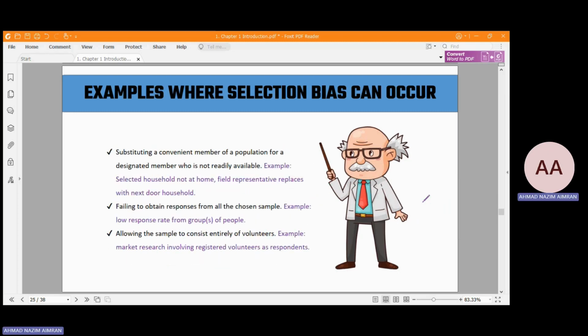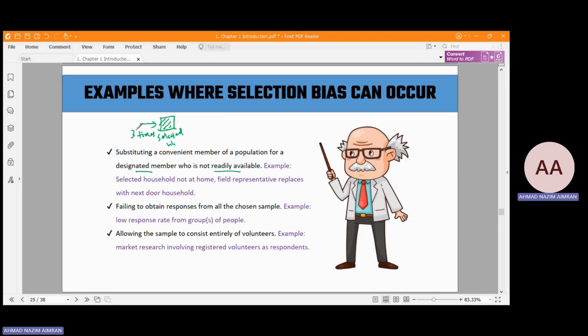Okay, and the next one is substituting a convenient member of a population for a designated member who is not readily available. So for this one, let's say there is one household selected, a randomly selected household, and you already go to this house three times, and nobody was at home.